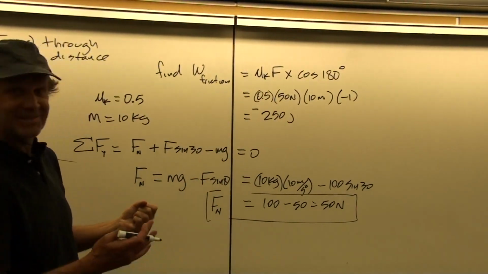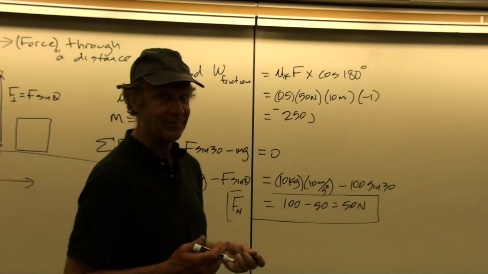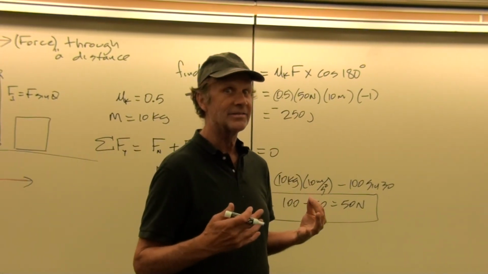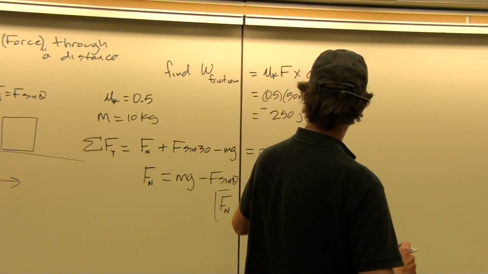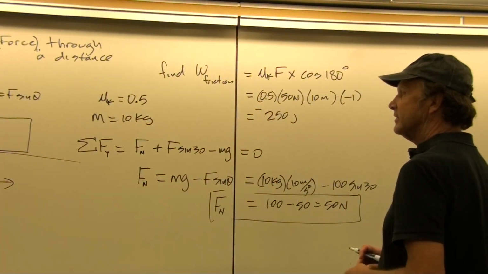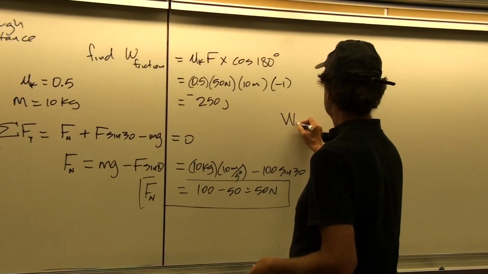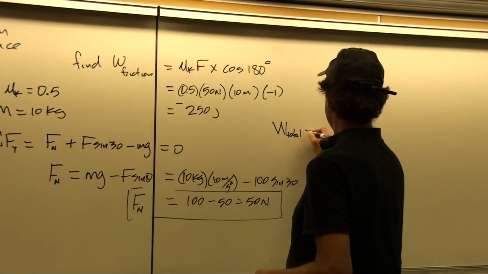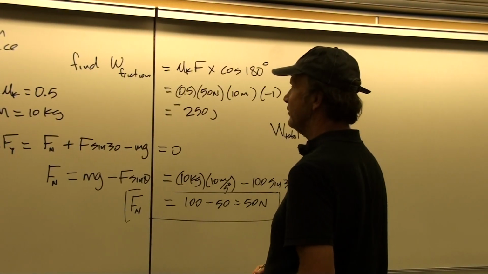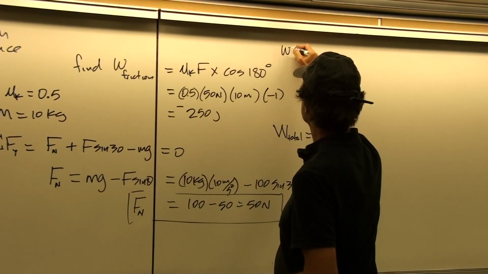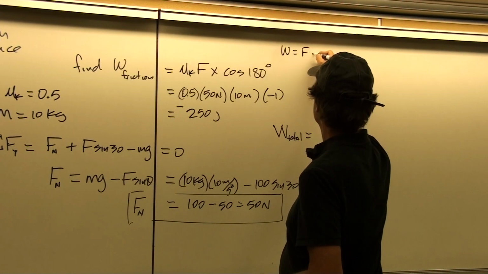It's the same thing as stealing energy from the system. Energy is leaking out of the system with a negative work done. And so therefore we could find the total work done, work total, and work is just a scalar. Even though we're multiplying vectors, we're saying here work is F dot x.